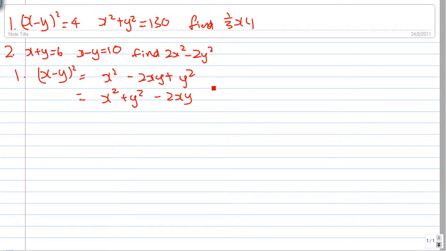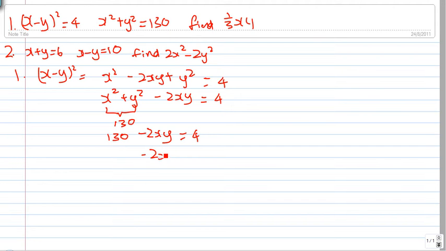Alright, so this is what you get for the expansion, and you know that this equals 4. And you know that x squared plus y squared equals 130. So negative 2xy, you get 130 equals 4.